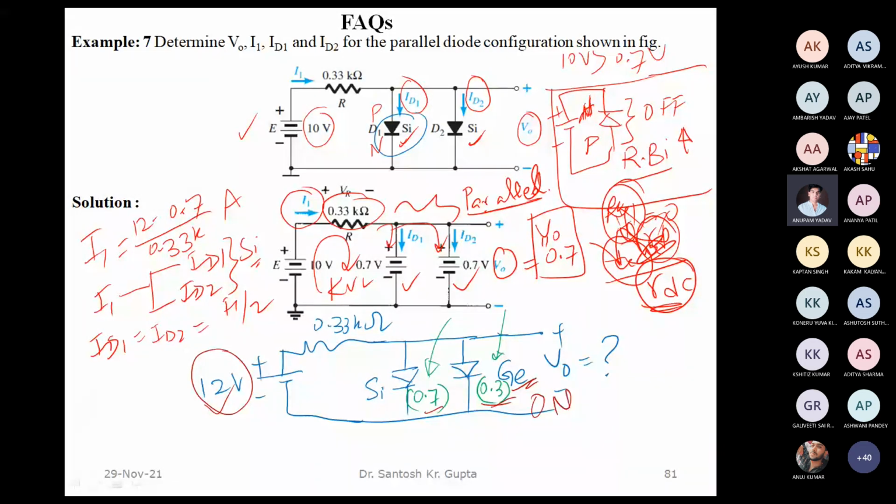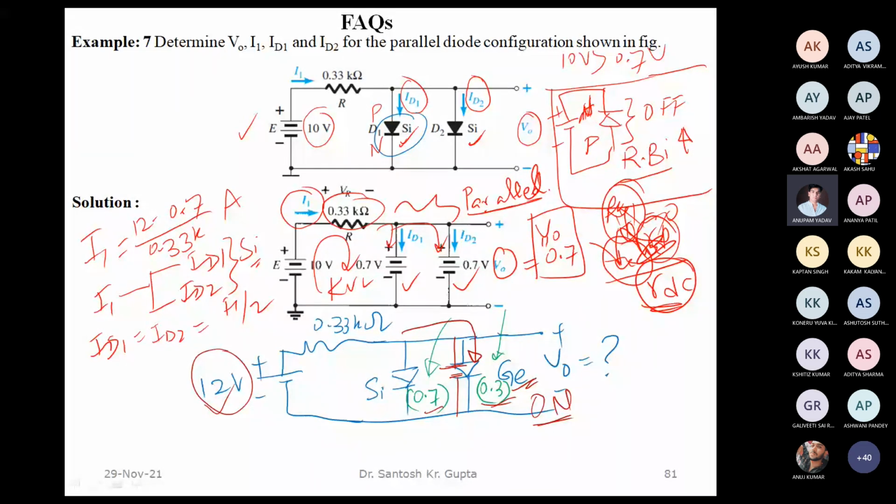As soon as this becomes on, because its potential barrier is less, it will maintain 0.3 volt across it, and because it is conducting, the current is going through this in the beginning. Till now the silicon has not started conducting.